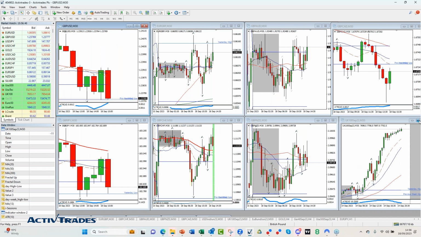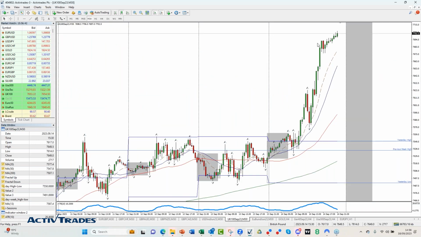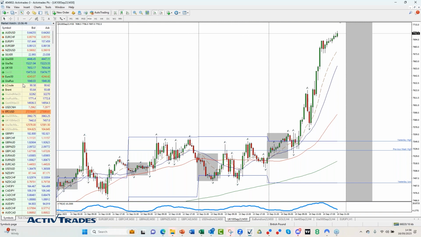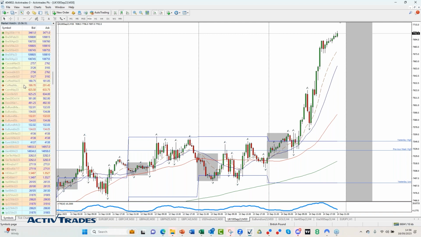And just as an aside, this is the chart for me on the FTSE.